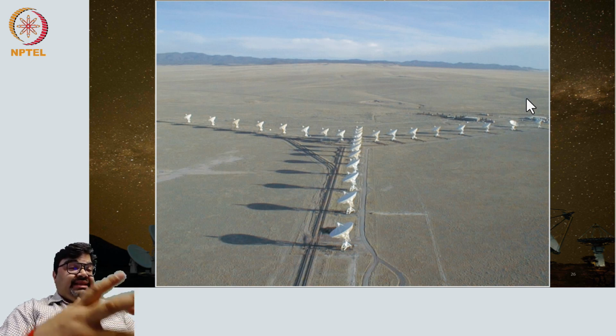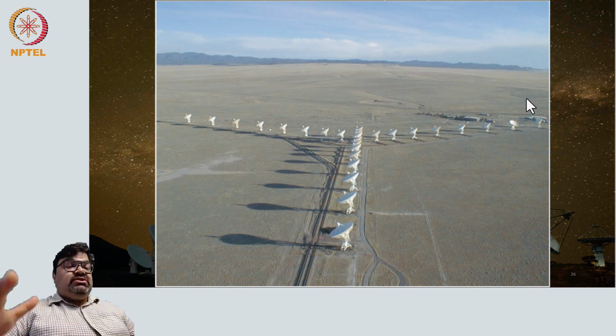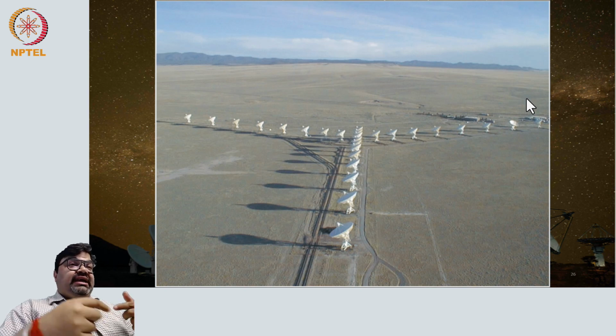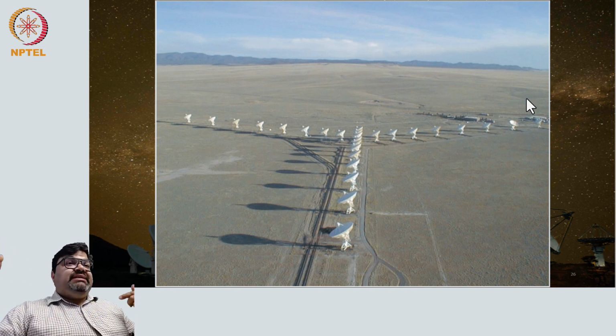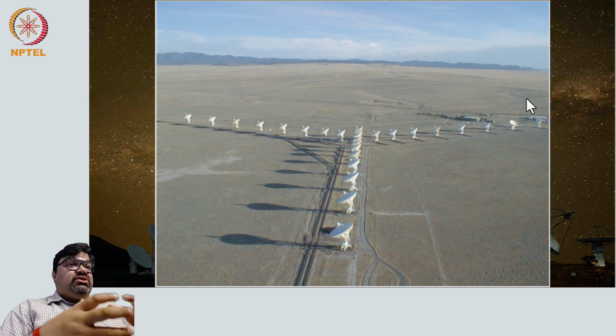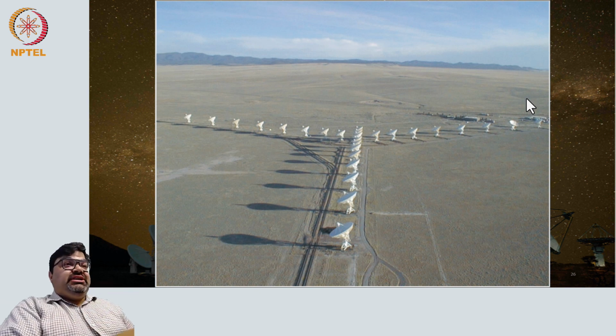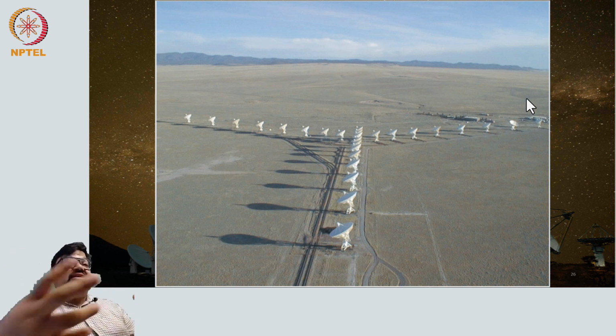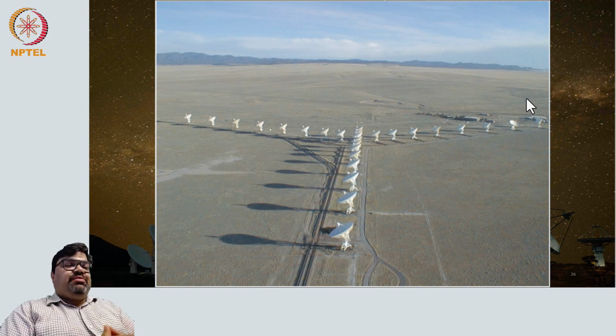But then they move out from D to C to B to A. In the A configuration, the maximum distance between any two antennas is about 36 kilometers. So it grows from 1 kilometer-ish to 36 kilometers. It gives different resolution and different other properties, which we'll talk about as we progress.